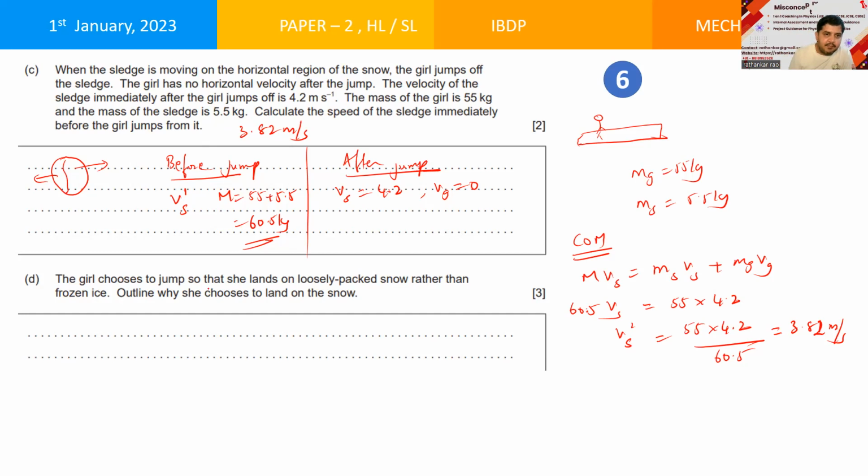The girl chooses to jump so that she lands on loosely packed snow rather than frozen ice. Choose why she chooses to land on the snow. This question is very similar to the previous question, which had safety nets. So loosely packed snow is something like your safety net as compared to frozen ice. Frozen ice is much thicker, right? You cannot compress it. But loosely packed snow is easy to compress. So that's why we throw the snow one upon another, right?